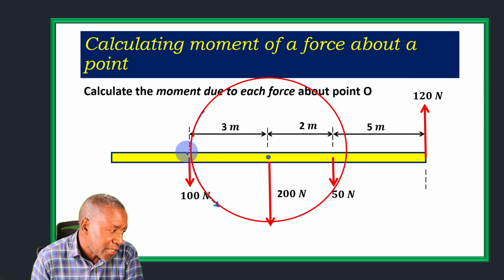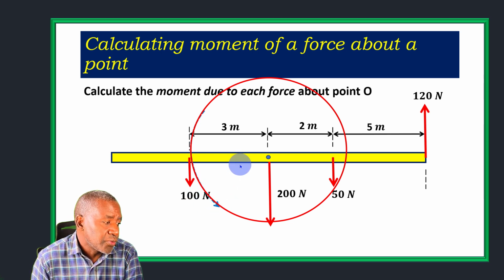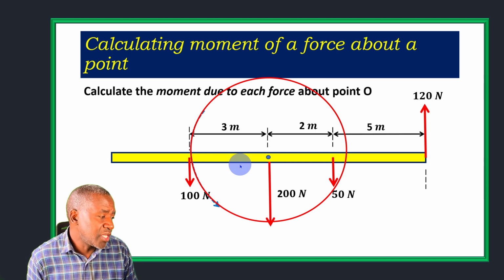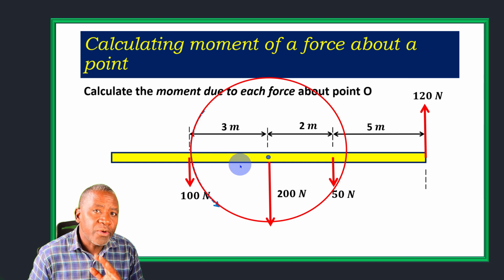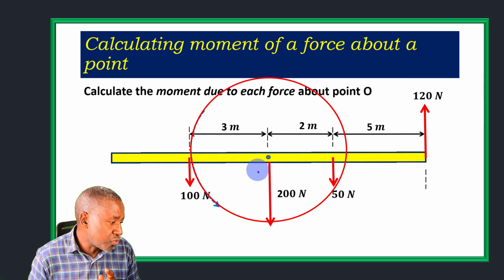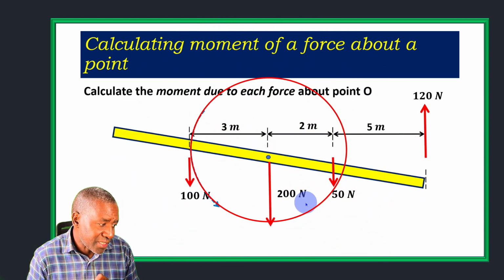And since the direction of the force is downward, we are going to put an arrow there on the circumference, and we see that that force tends to turn the system in that direction. Another thing you can do is to imagine, suppose the 100 Newton force was the only force acting on that object. In which direction will the object turn? I've tried to simulate this so that you can see that force will tend to turn the system in that direction.